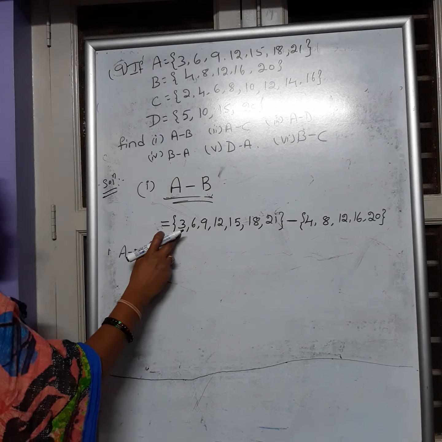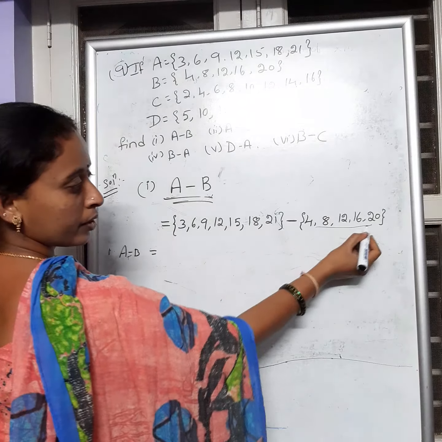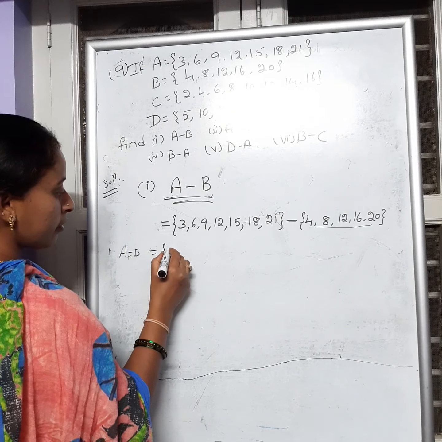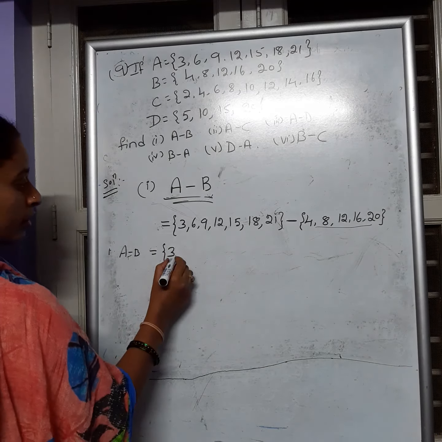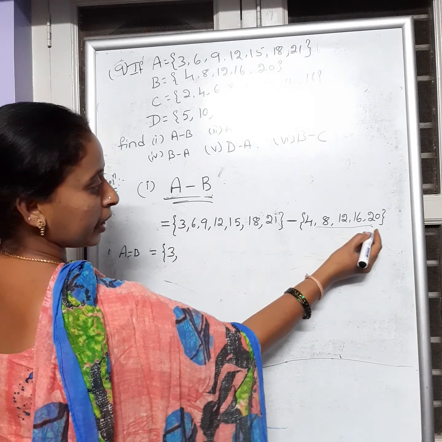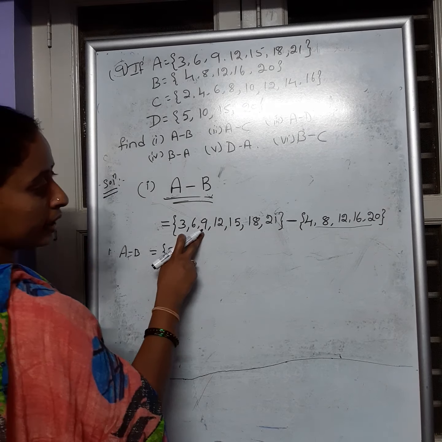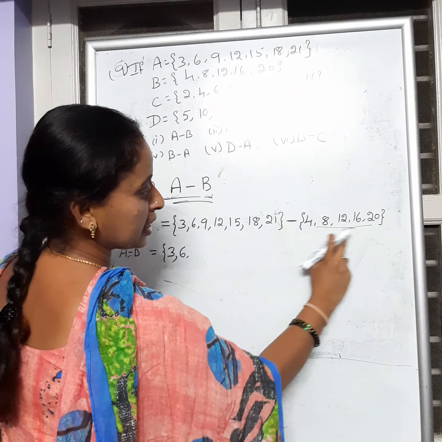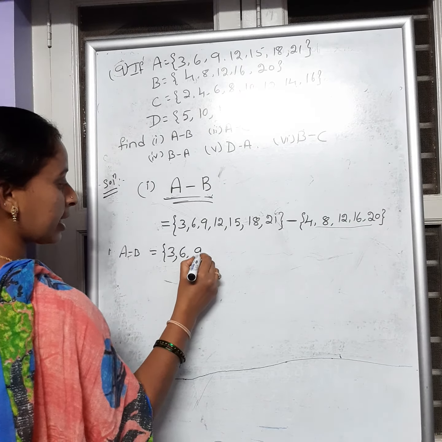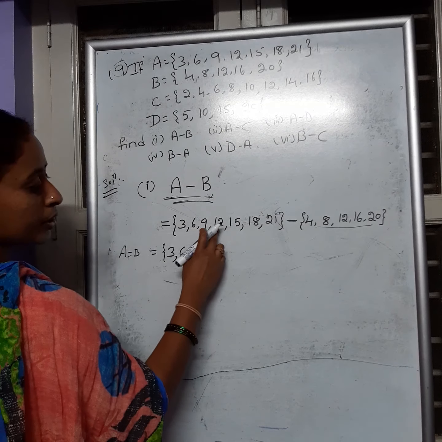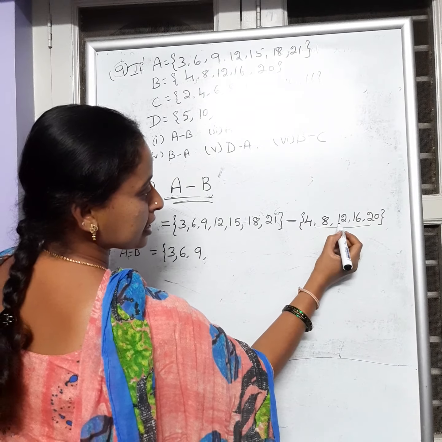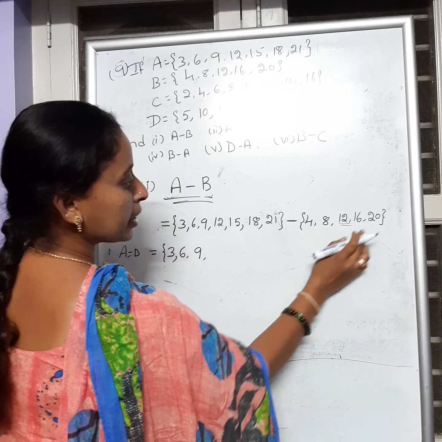3. Is 3 present in set B? No. That means we take 3. Is 6 there in set B? No. That means 6 also we consider. Next 9. 9 is also not present in this set. So we take 9. 12. Is 12 present in this set? Yes. Here 12 is present.